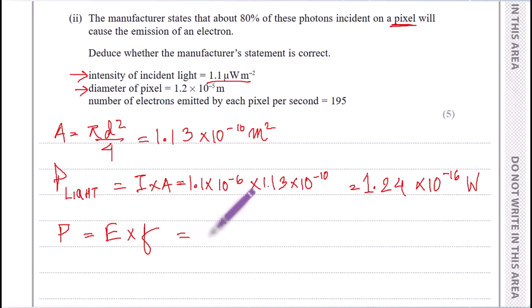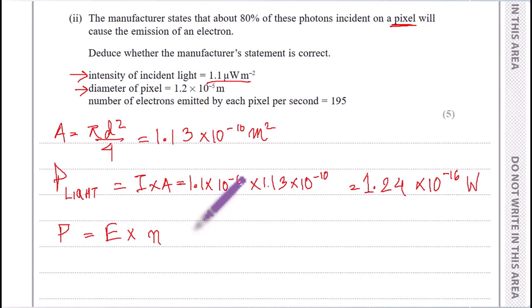This is basically power equals energy by time. And if I write time a bit separately, energy into 1 by T, and 1 by T is F, right? So F would be the number of photons arriving per second. So I can replace F with the number of photons arriving per second.